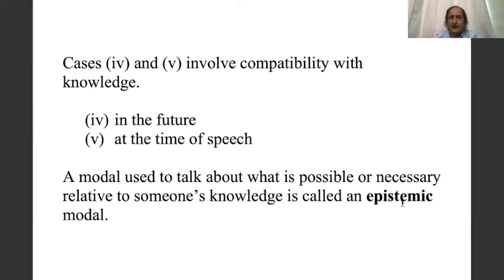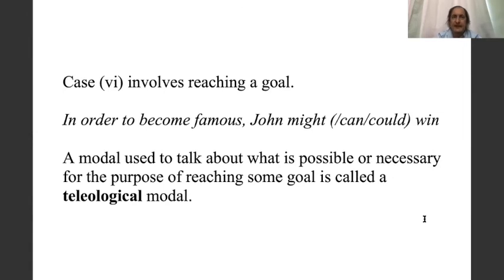Cases 4 and 5 involve compatibility with knowledge. It could be knowledge about the future, knowledge about something at the time of speech, and we call these epistemic modals. Case 6, I said, involves reaching a goal, and the goal-oriented modals we call teleological modals.